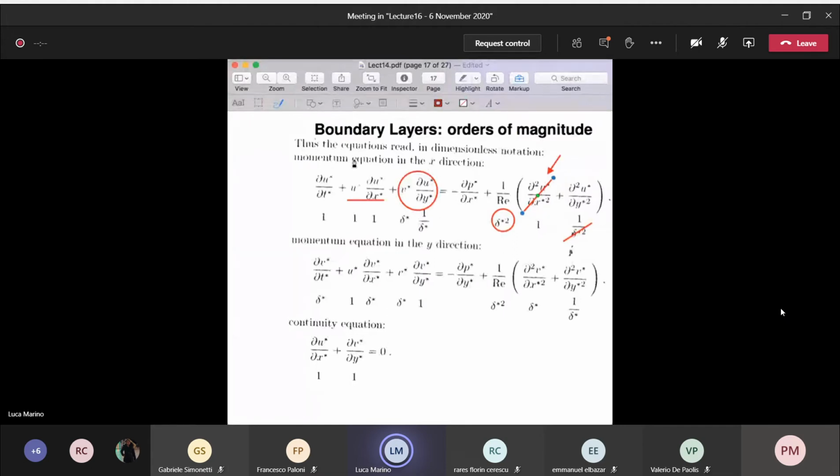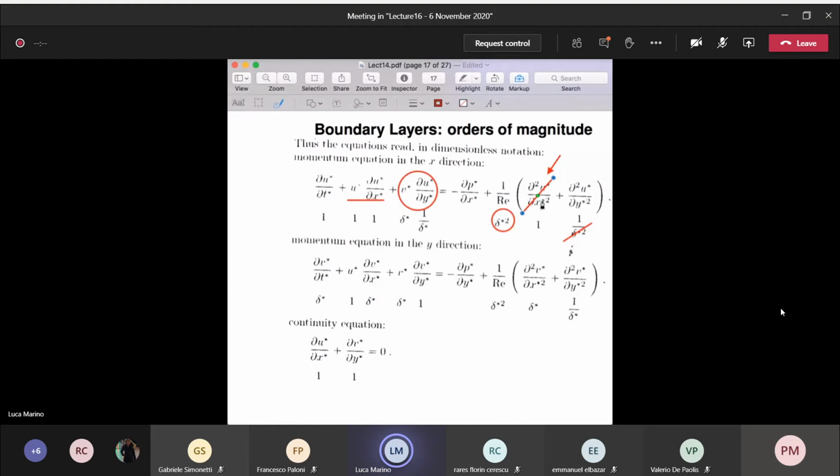I imagine that you have already studied in the past how to obtain the boundary layer. There are different ways to arrive at the boundary layer. I think that this is one of the simplest, because it is just a matter of making an analysis of order of magnitude, and we see that all the terms are of the same order except this one.